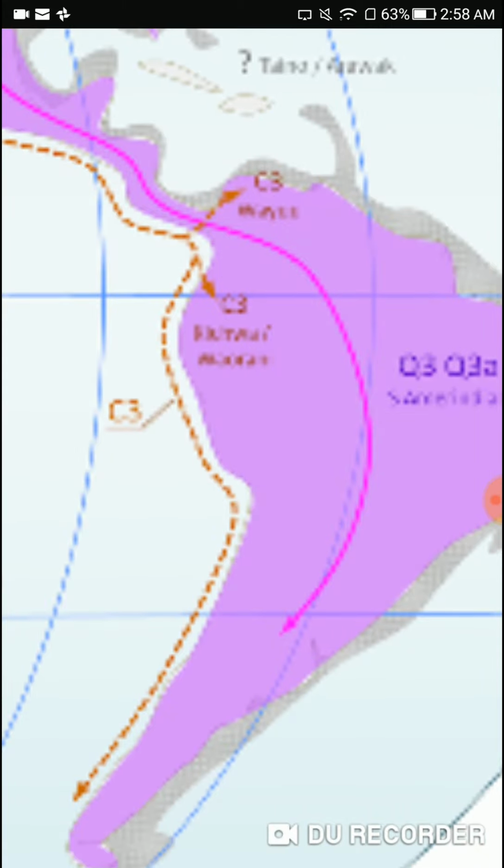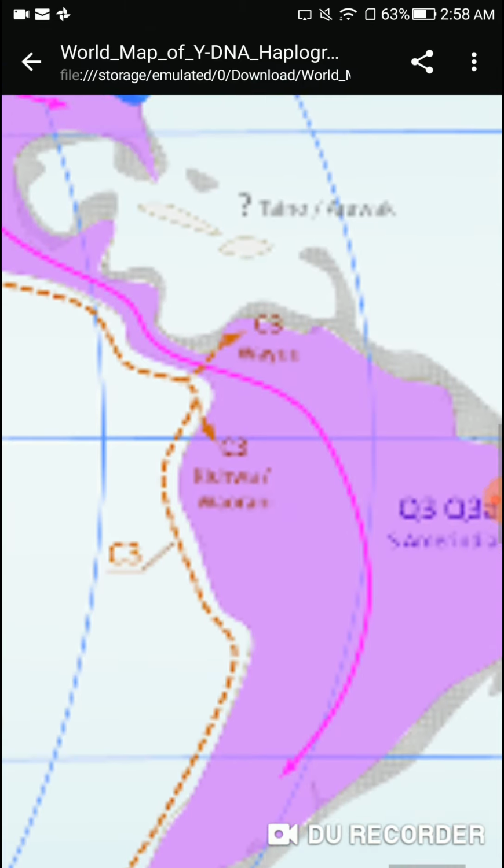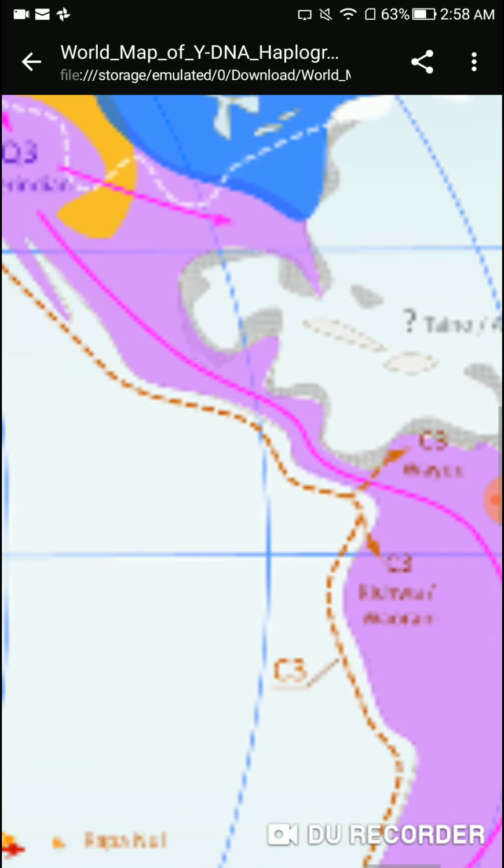All those groups of people are classified under Arawak, and the Arawak classification is mostly dealing with the Q3.